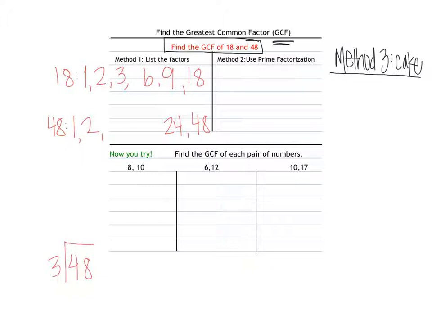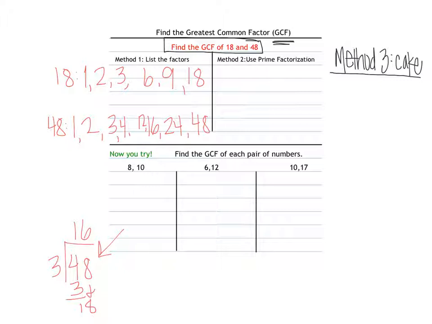Let's check it out. 3 goes into 4 one time, 1 times 3 is 3, 1. 3 goes into 18 six times, so 16. So 3 and 16. If you're curious if a number can go into something, do it like how I did it right here so you can check, because you want to make sure you get all the factors. And then I know that 4 and 12 are factors. I'm going to run out of room.